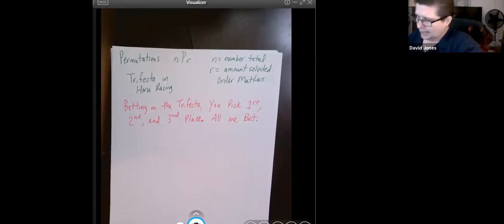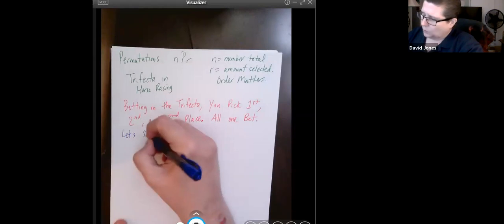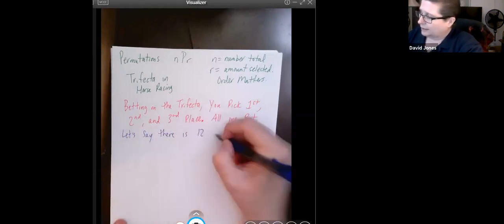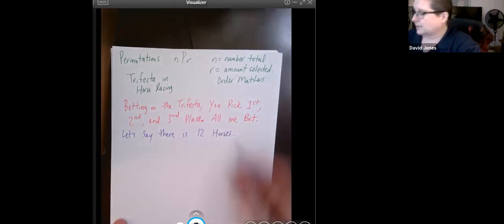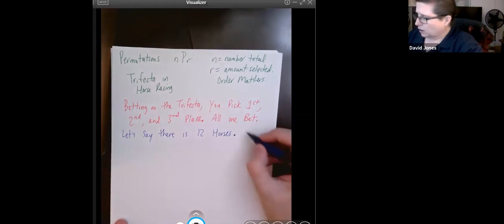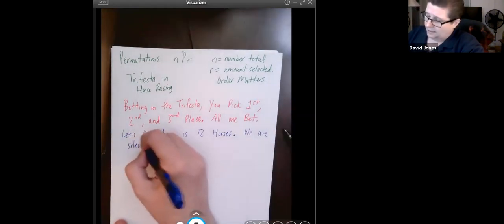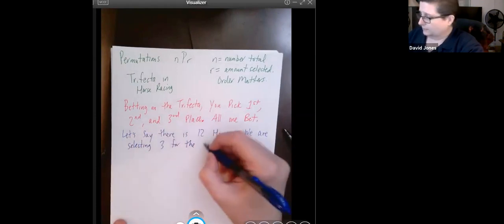So let's say for our example, they generally don't do a lot of horses. Let's say there is 12 horses. That might even be a little high. Let's say there's 12 horses and we are selecting 3 for the trifecta, first, second, and third.